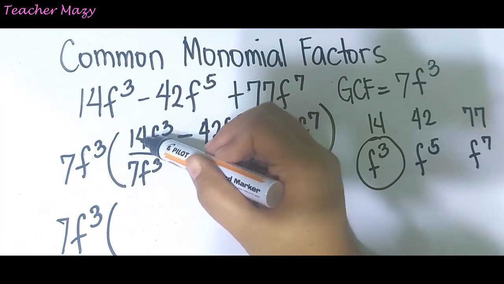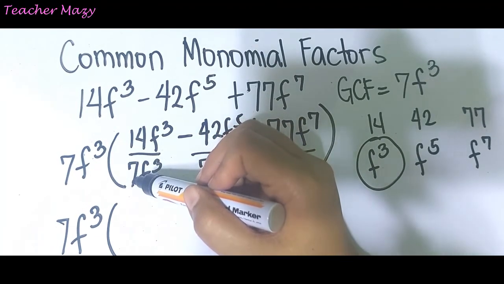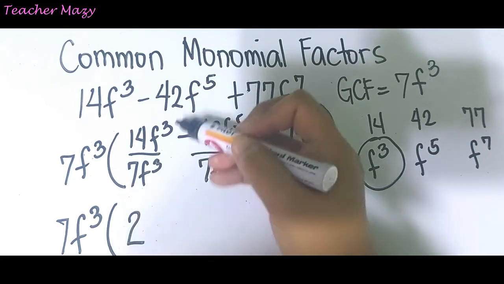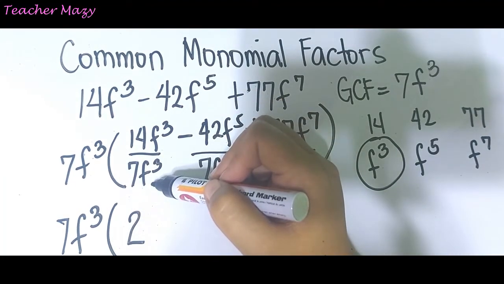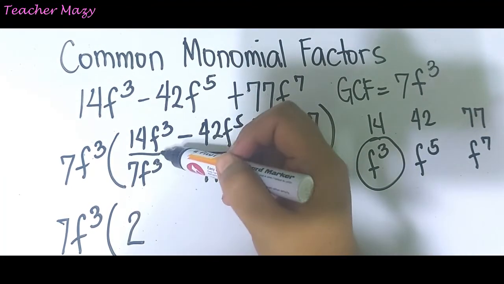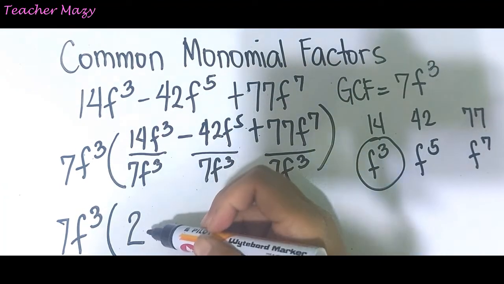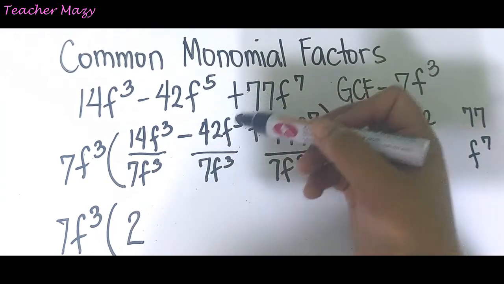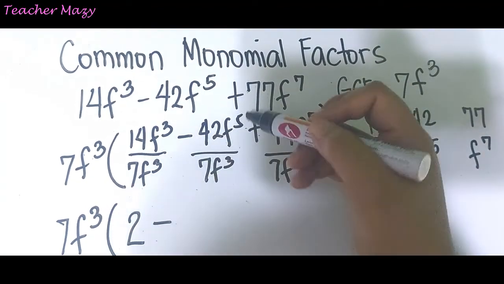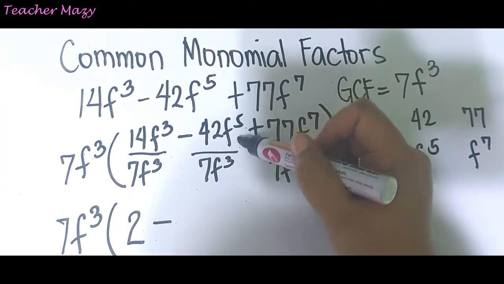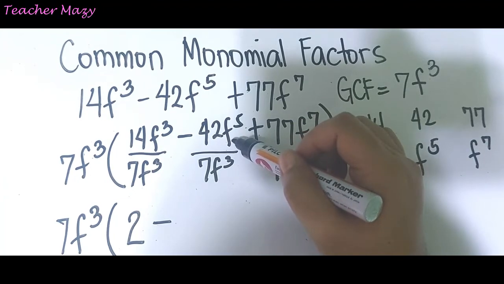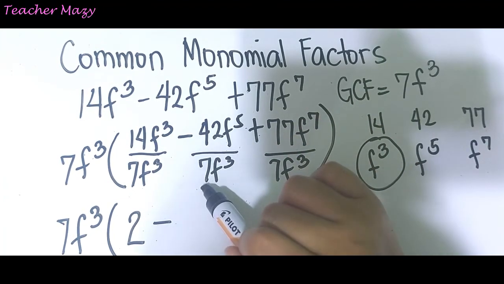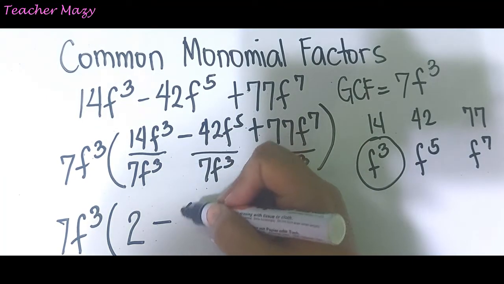14 divided by 7 is equal to 2. f cubed divided by f cubed is equal to 1, and since that is 1, we do not write it anymore. For the second term, we have 42 times f raised to 5. 42 divided by 7 is equal to 6.